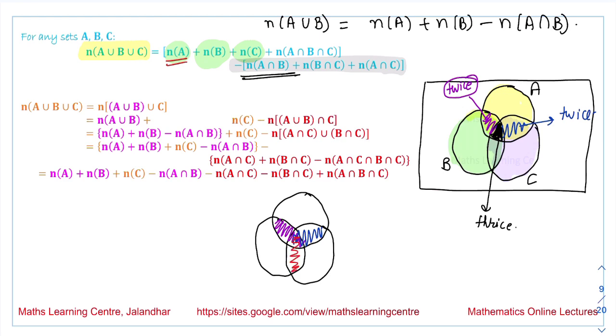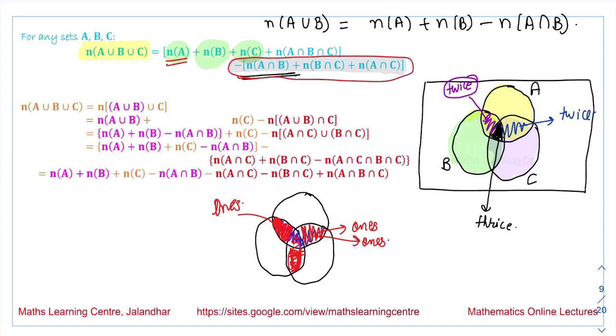Once we subtract all these three portions, what will remain is this portion over here, which will be left only once, and this portion over here, which will also be left only once, because we have subtracted these three values once.